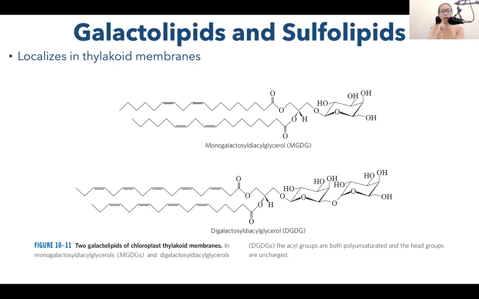Pero, yung itong carbohydrates natin, marami silang OH groups. So kahit hindi sila charged, pwede pa rin silang mag-interact with the water. Right? So, in that aspect, pareho pa rin siya with the phosphates ng phospholipids. Any other ideas?